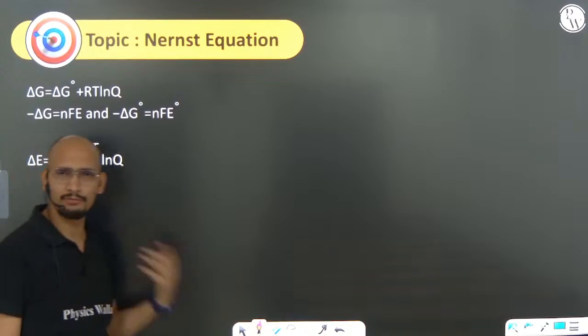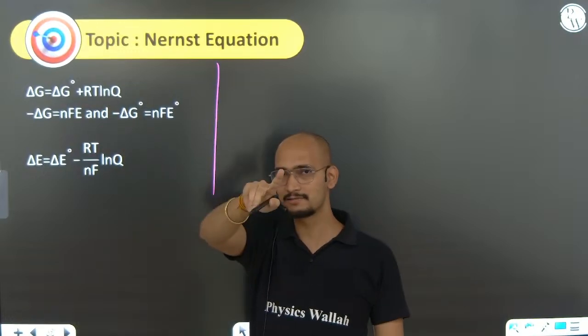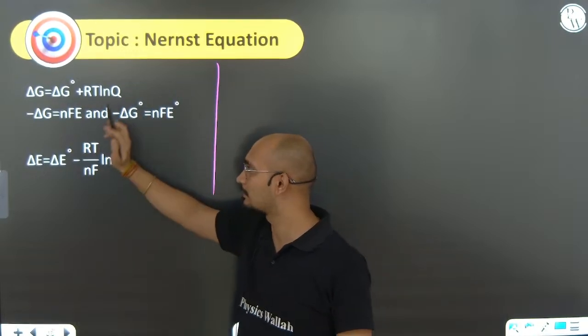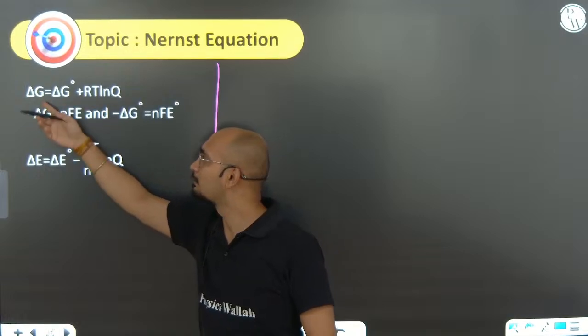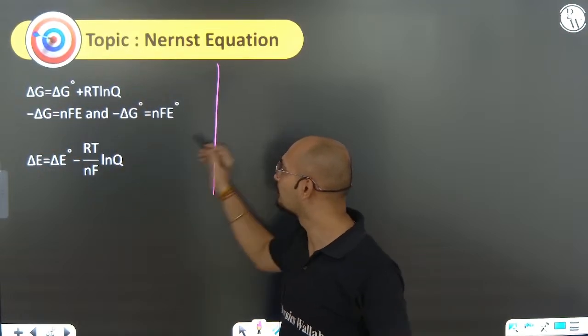Nernst equation, how do we get that? Because delta G equals delta G naught plus RT ln Q, we have already studied in thermodynamics and chemical equilibrium. Here also, what we can do, we can put delta G equals minus nFE and delta G naught equals minus nFE naught. What we get finally?